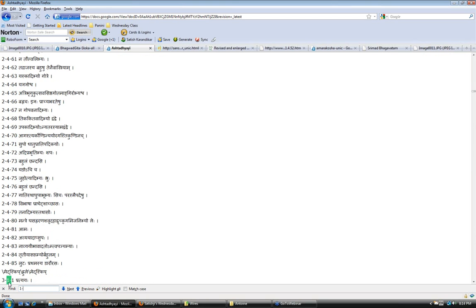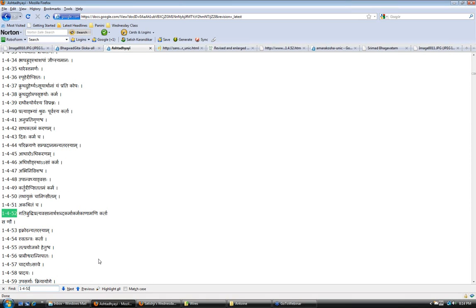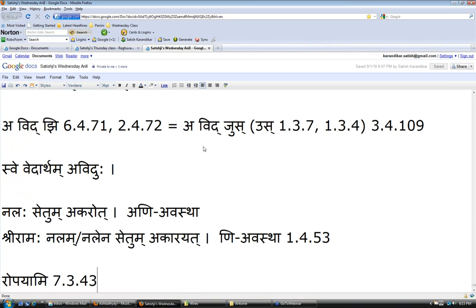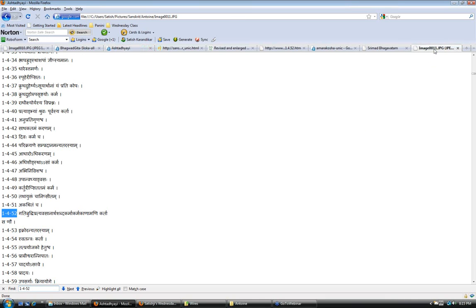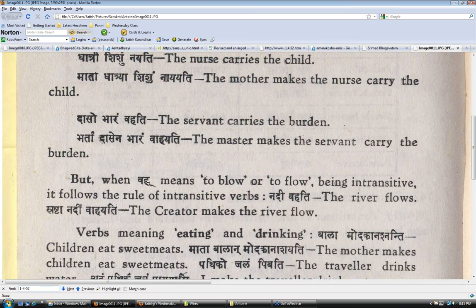So when the dhatu vah means when it is intransitive, say nadi vahati, the river flows, then it will again come back under 1452. Only sakarmaka avastha, only that one that the pratisheda will hold. Because when you have the dhatu ni, it will be sakarmaka only, right? You lead something, right?